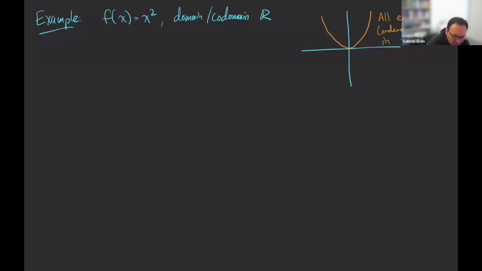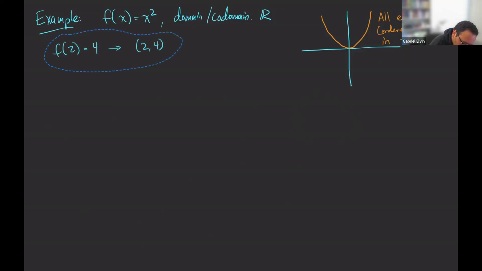Right, and seeing it as a table might be helpful too, right? So f of 2, that's 4. And so what's the ordered pair? Just 2 comma 4, and that's a point on the parabola. I should have made this in orange.